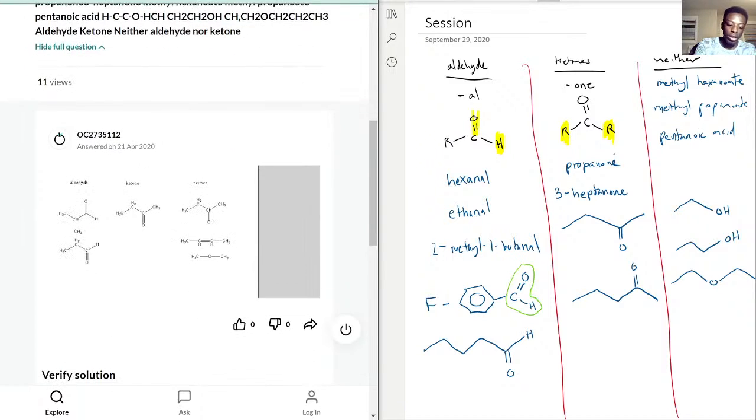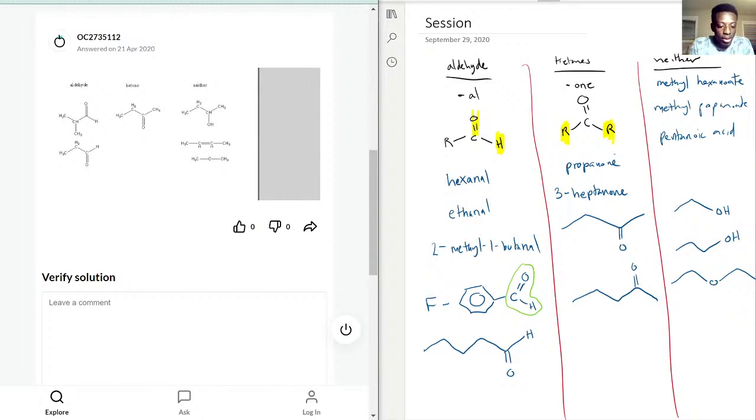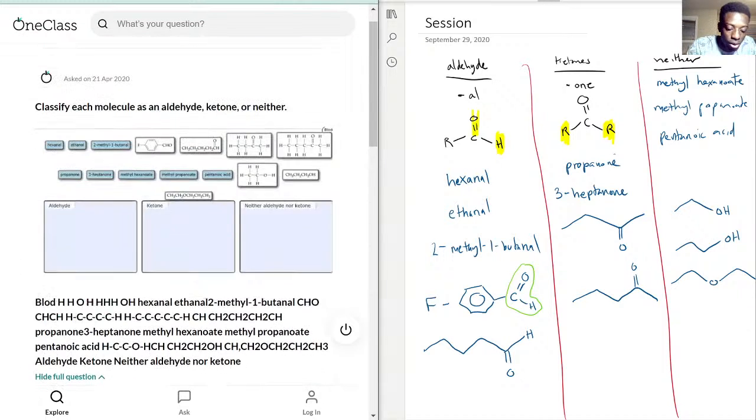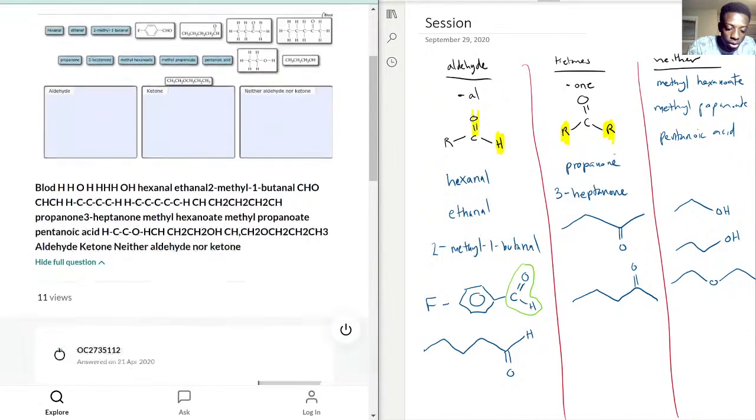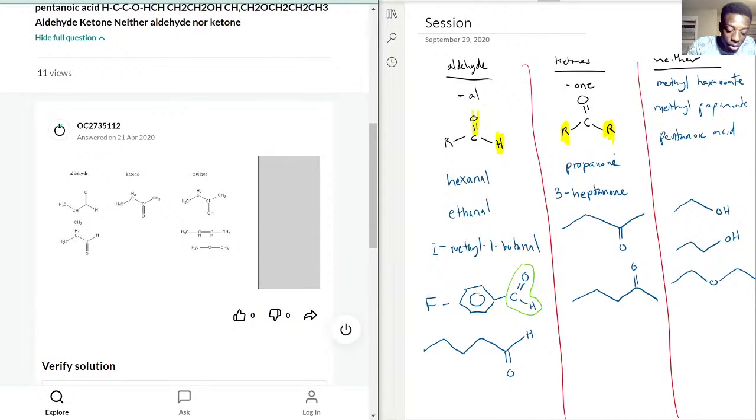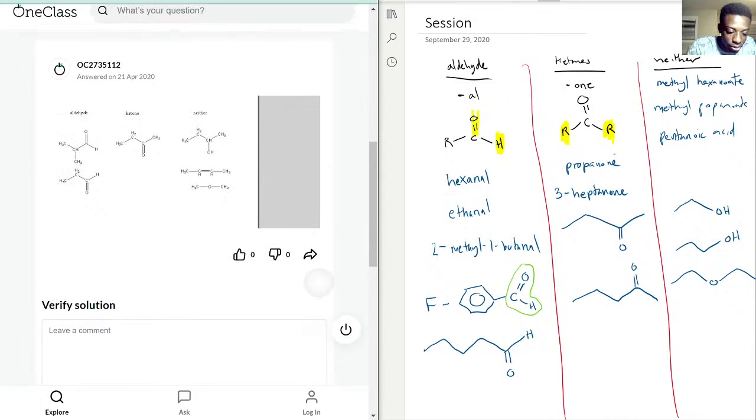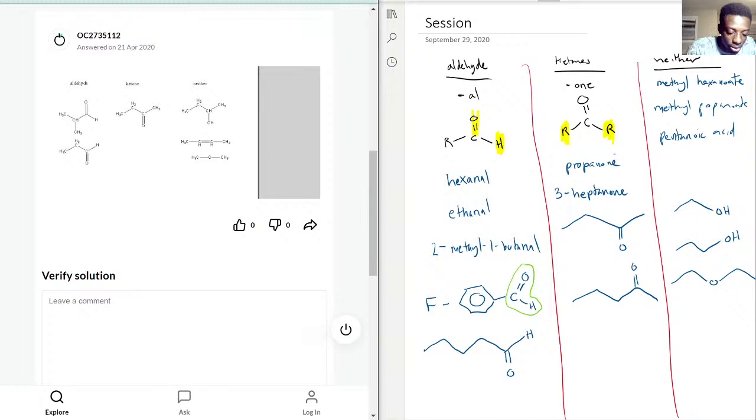So let's see how it was done. So with that, they seem to have tackled, interesting, only the ones that, well, they didn't put all of them, that's for sure. But it looks like they're on the right track. They did show that the aldehydes are those that have the functional group on one side and hydrogen on the other, so that's good.